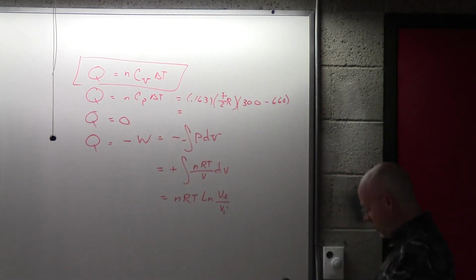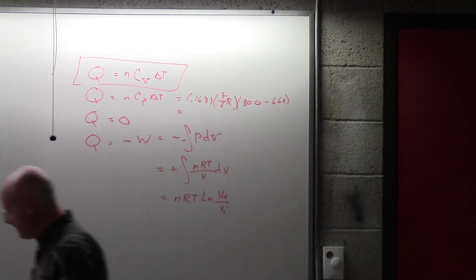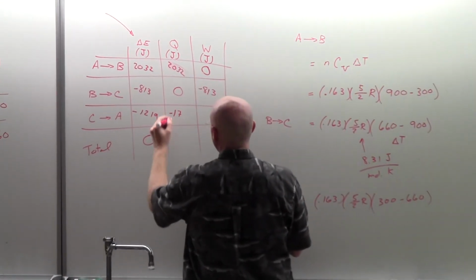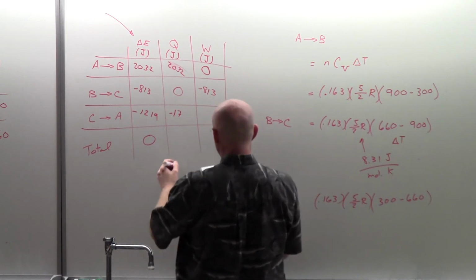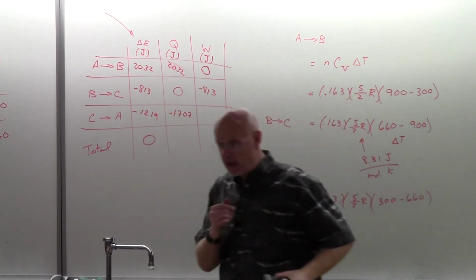So according to this, 0.163 times 7 divided by 2 times 8.31 times 300 minus 660 comes out to be a negative 1,707.